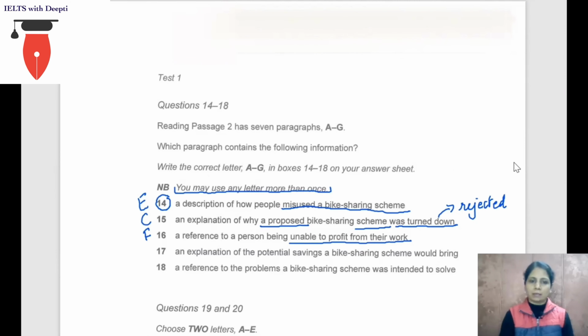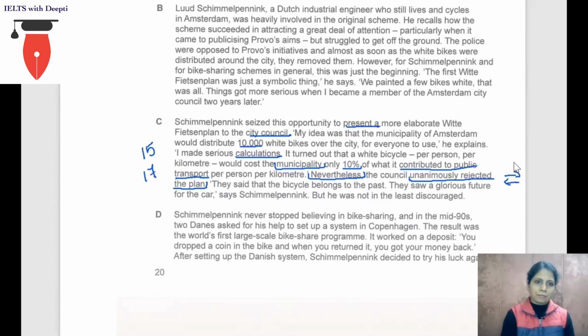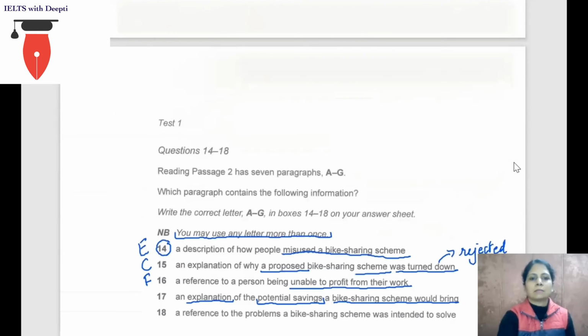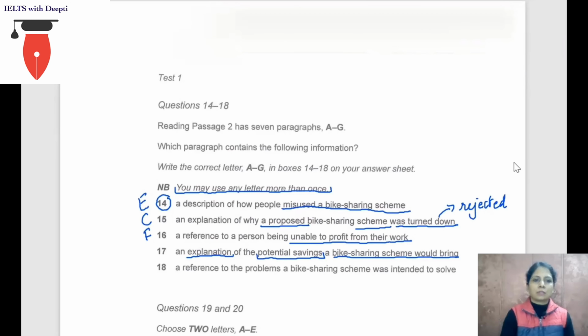And here we said that to the municipality, it would only cost 10% of what it was contributing to public transport. So even number 17, we'll have C as an option. Now you understand why I was telling you that the same alphabet can come twice for two different questions. So again, we'll go to C. So that is an explanation of how a bike sharing scheme would bring potential savings. Okay.